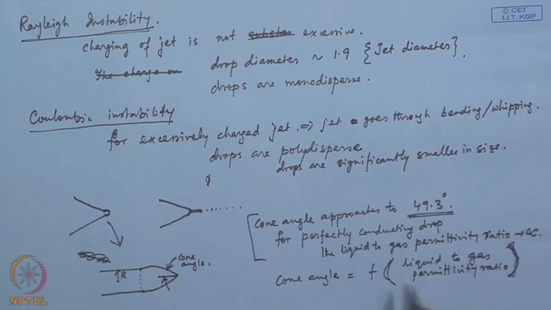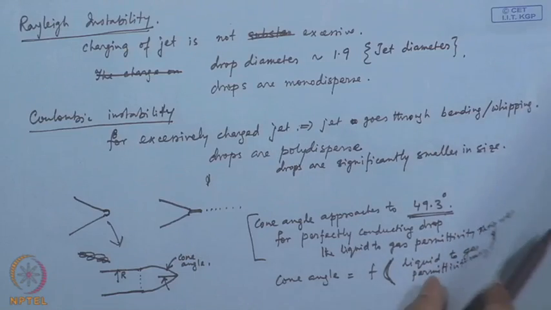So, if this is the end of the capillary tip, there would be a cone formed, and this cone angle will be a function of the liquid to gas permittivity ratio, and at the limit this is 49.3 degrees. This has already been shown by researchers.